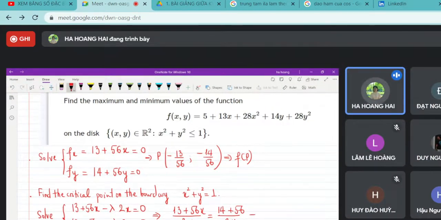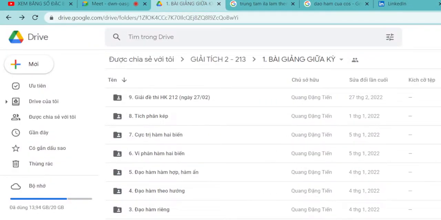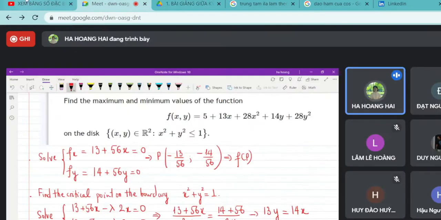From here we have the relation 13y equal 14x. Replace this into the expression x squared plus y squared equal to 1. Is that right? So we get that x squared equal to 13 divided by 27.